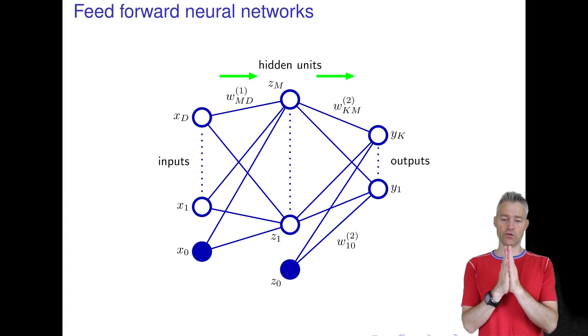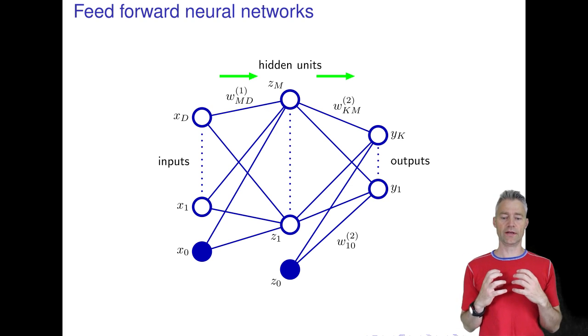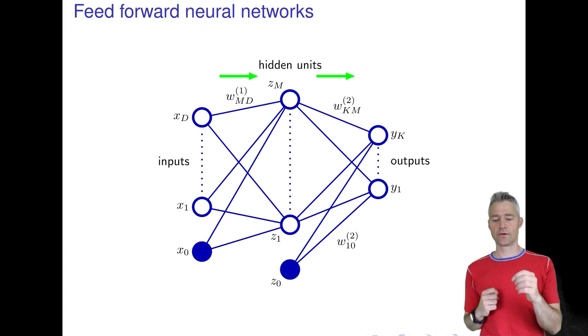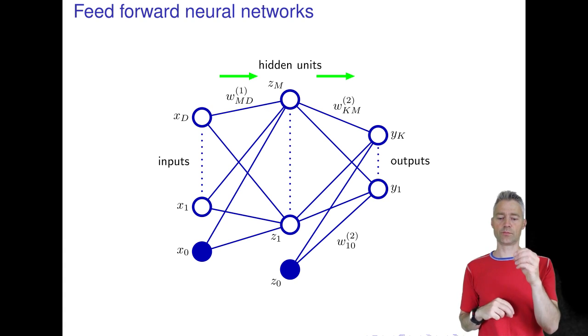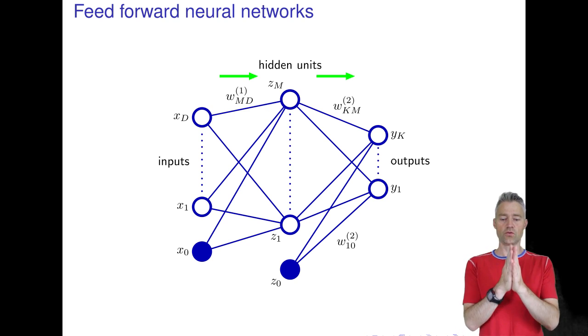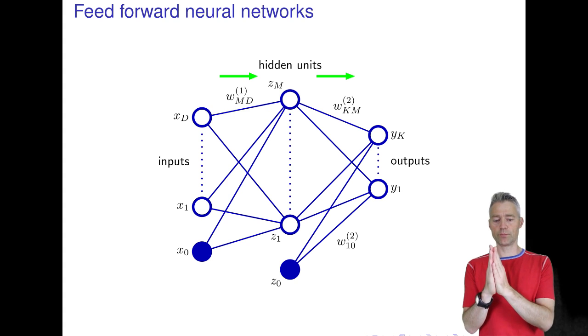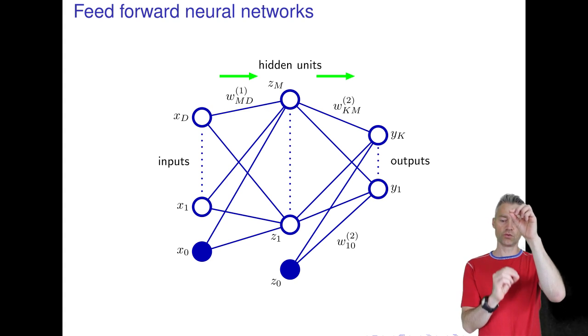Each of the units in the hidden layer, you can see there are m of those, acts as a linear model. That means that it takes all the inputs and weights each of the inputs. If a weight is large, then that specific dimension is weighted more. And then in the end you have these m. So you get one input vector in, and then you get one hidden unit representation.